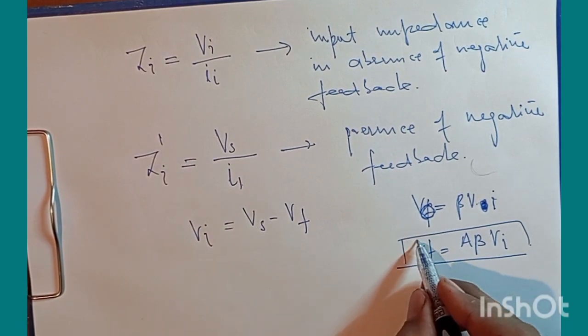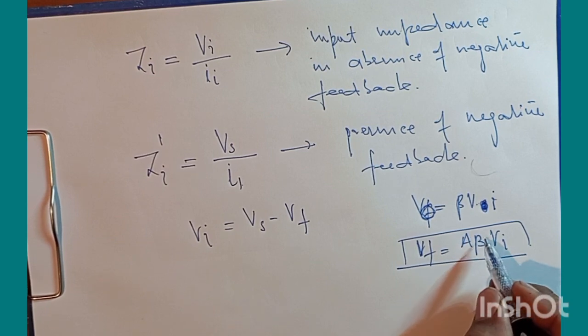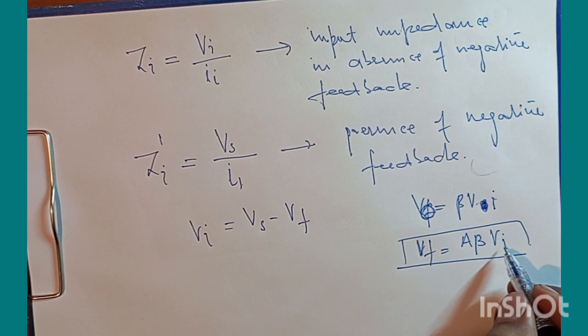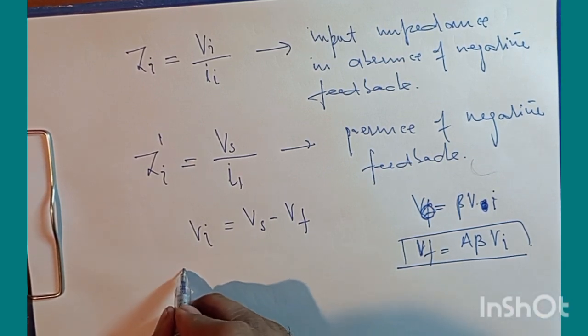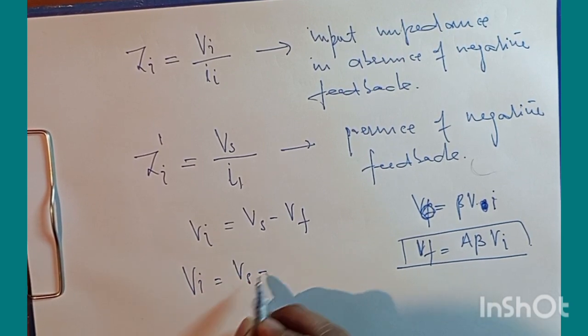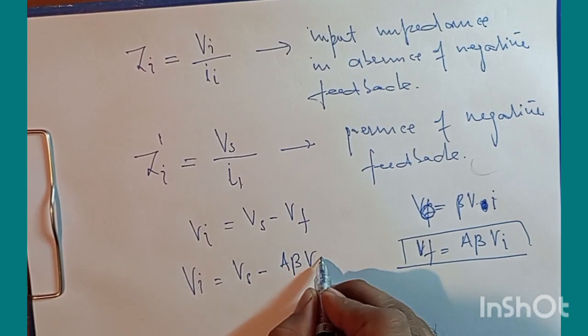So finally Vf will be A beta Vi, where A is the voltage gain, beta is the feedback ratio, and Vi is the input voltage. So I'll write Vi is Vs minus A beta Vi.